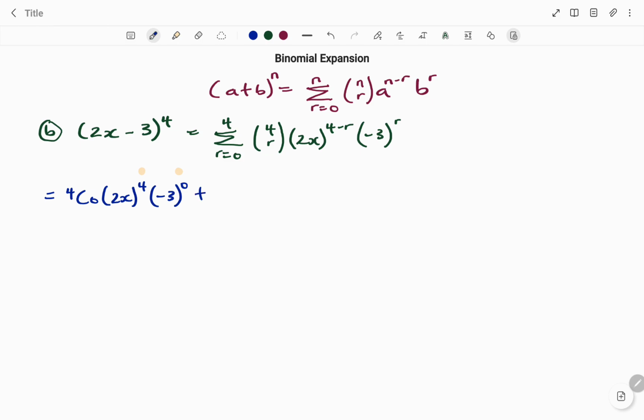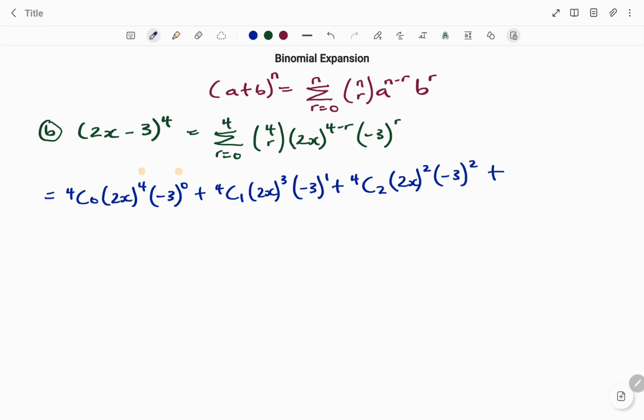Then I have plus 4 combination 1. I have a 2x. The power begins to drop, so it becomes 3 multiplying minus 3 to the power of 1. Plus 4 combination 2, then I have 2x to the power of, the power drops to 2, then I have negative 3 increasing to 2.